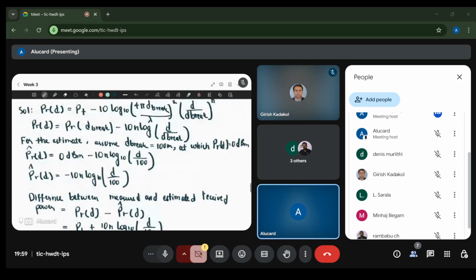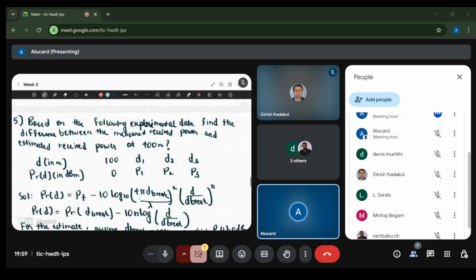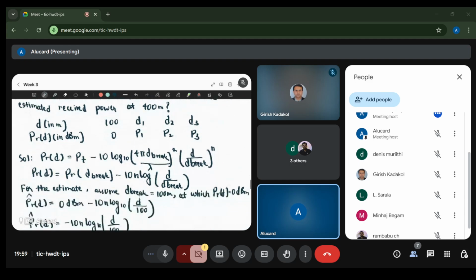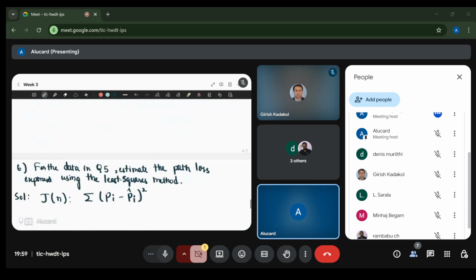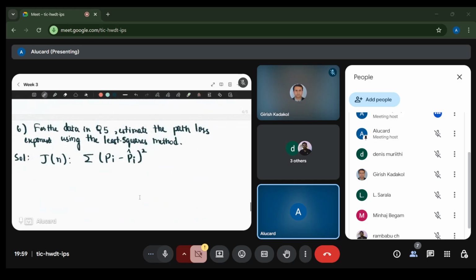Again, we are assuming that the 100-meter distance where your P received is 0 dBm is the breakpoint. And for the remaining three measurements, we are trying to fit a line through it. So for i equal to 1 to 3, Pi minus Pi hat whole square.